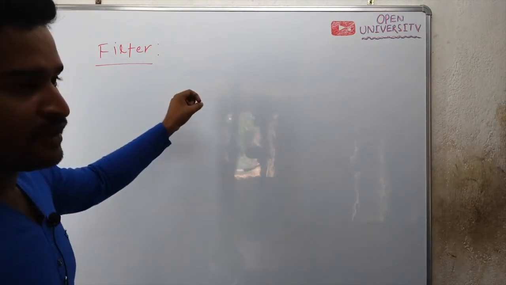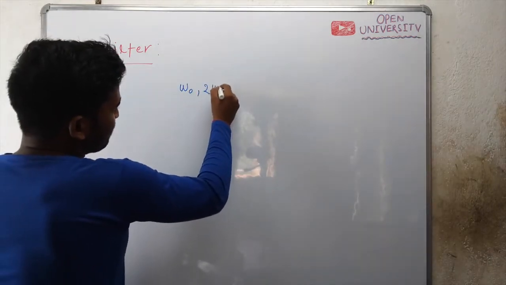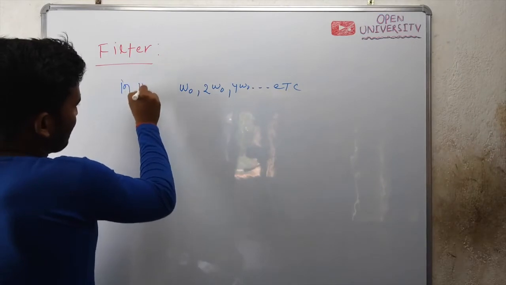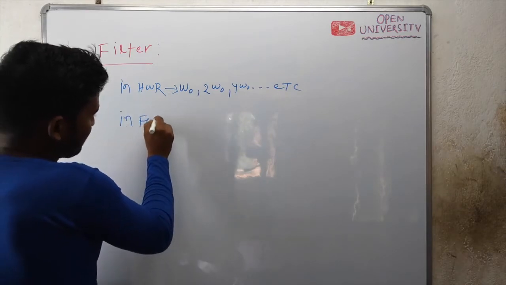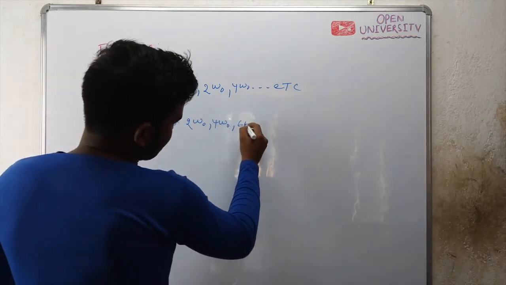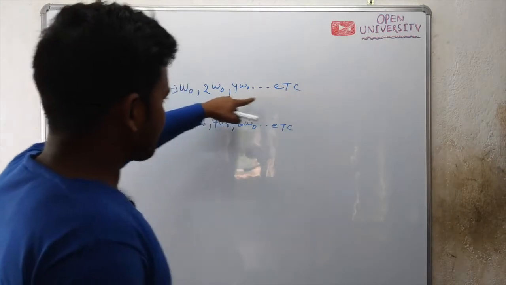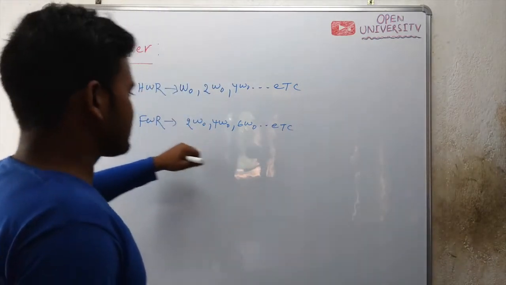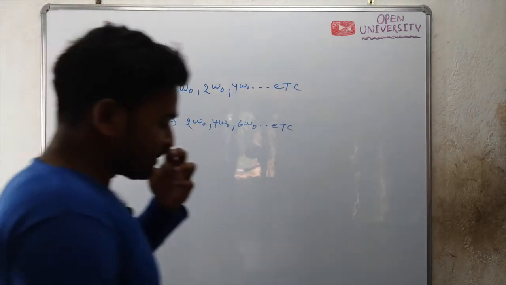In case of half wave rectifier, the unwanted AC components that are present are omega naught, 2 omega naught, 4 omega naught, etc. And in case of full wave rectifier, the filter should remove the unwanted AC components like 2 omega naught, 4 omega naught, 6 omega naught, etc. So a filter should remove these AC components which are present in the output of the rectifier.